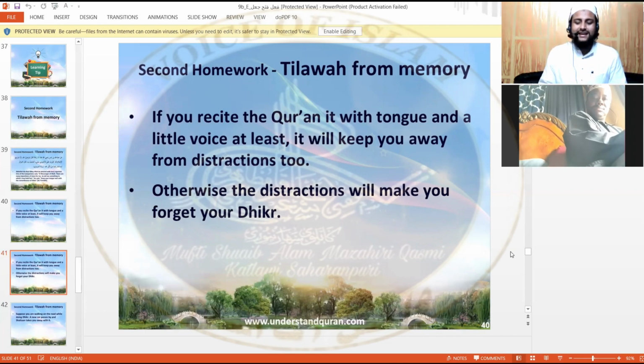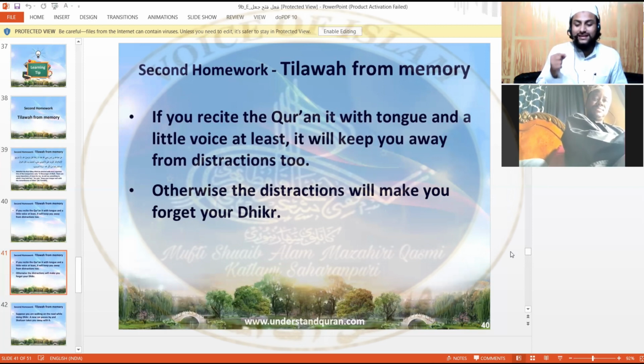And you are doing your dhikr, Subhanallah, Subhanallah, and suddenly you look at it. Oh, what an amazing car. Suddenly your mind is disturbed and your dhikr has stopped, and now you are thinking about the car.